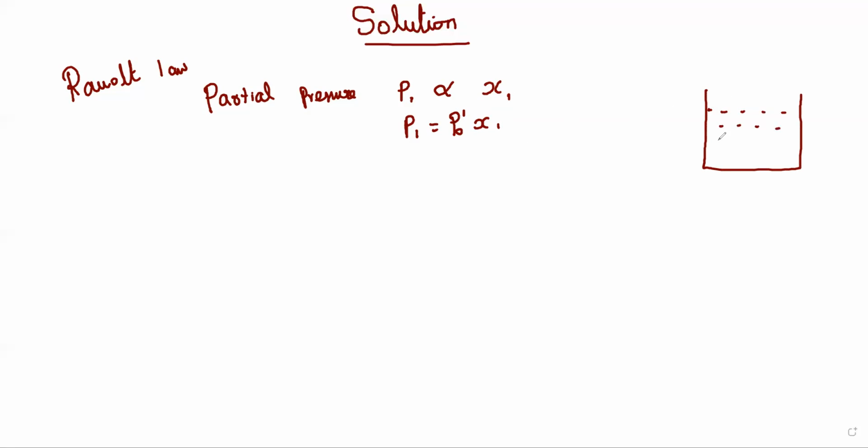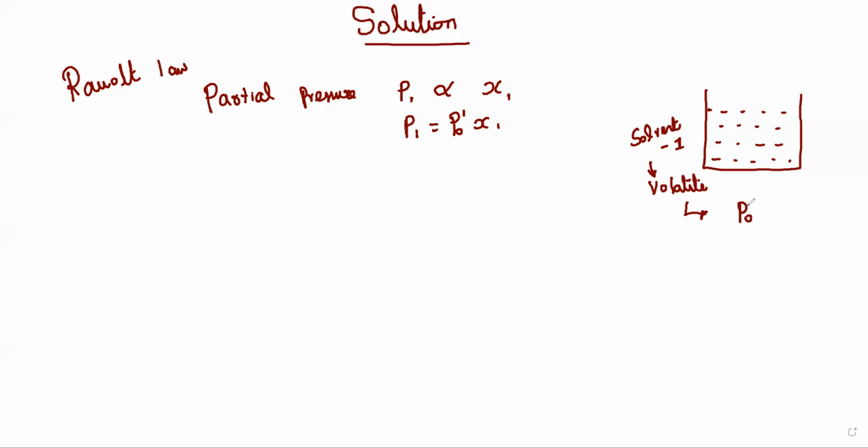You have a solvent, a component, let it be the solvent. So I can name it as 1. If it is volatile in nature, that is, it can easily evaporate, it must have a vapor pressure.